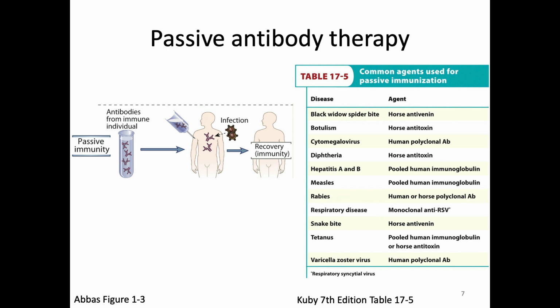The type 3 hypersensitivity reaction that I'm mentioning here is sometimes a complication that can happen when you get passive antibody therapy. So passive antibody therapy is great. It's going to save you from dying from your black widow spider bite. But sometimes you can have this complication.